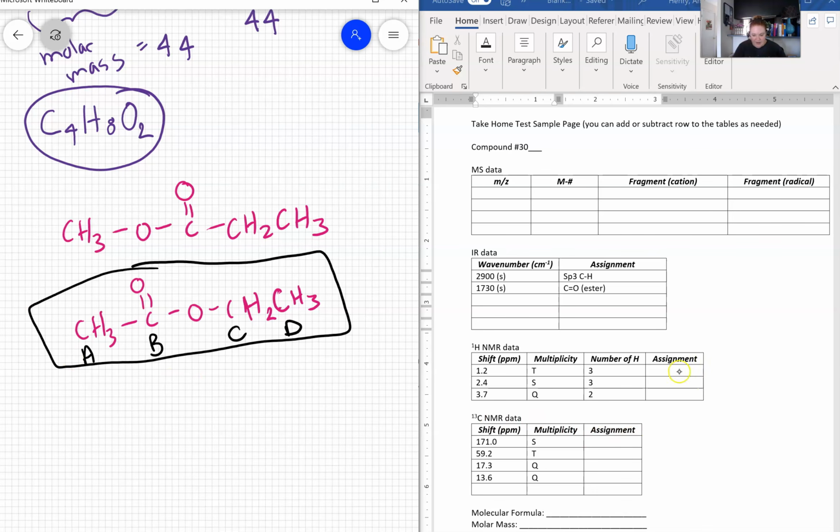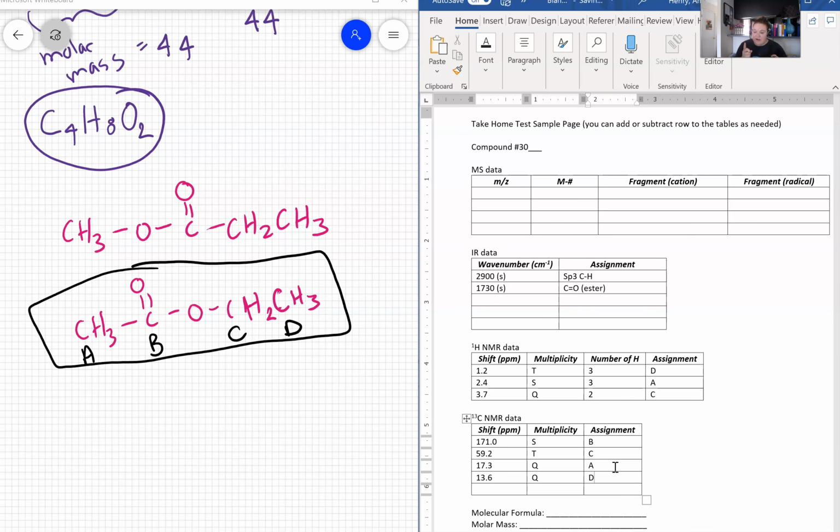So on my hydrogen NMR, the CH2 is letter C. I have 2 methyl groups, but the one that's a singlet is letter A, and the one that's a triplet is letter D. And then in my carbon NMR, the singlet is B, it's that carbonyl carbon. The triplet is C, the CH2, and then I have 2 quartets. The one with the higher chemical shift, though, would be the one that's closer to the oxygen. So it would be letter A, and then our last one would be letter D.